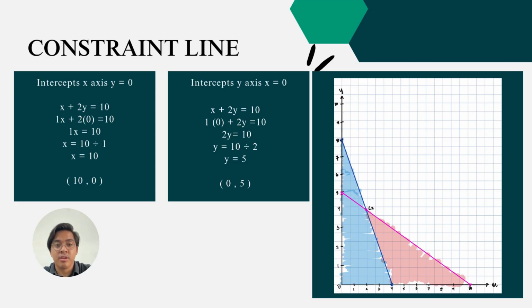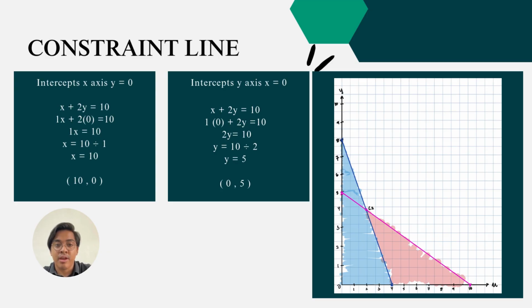Next, for the y-intercept, we set x equal to 0. Plugging that in, we have 0 plus 2y equals 10. Dividing both sides by 2, we get y equals 5. This gives us the y-intercept at the point (0, 5).